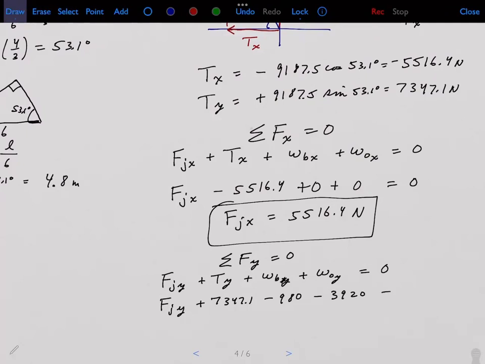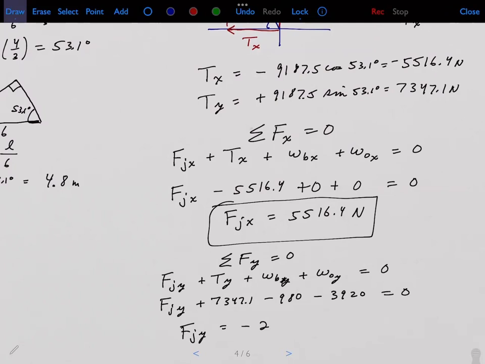Right, and that's got to equal 0. So then if I solve this for Fjy, basically I'm bringing the two negative terms to the right-hand side to become positive, and then the 7,347.1 becomes negative. So this, if you work this out, is going to be negative 2... I think it's 447.1.